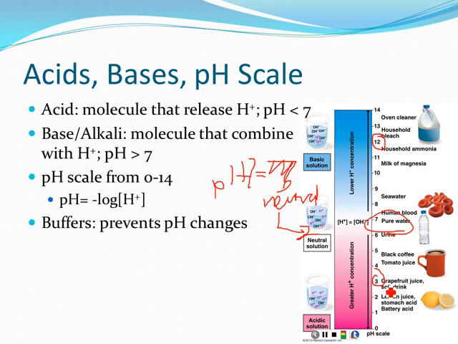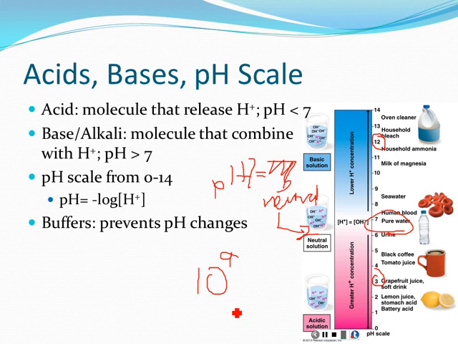How much more acidic is pH 3 compared to 12? So 10 to the... yeah, very good. 10 to the ninth. So you have 9 zeros. So that's a billion. Yeah, a billion times more acidic.